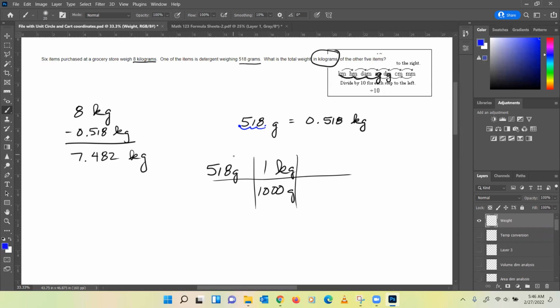And now the grams will cancel, and I'm left with kilograms. And 518 divided by 1,000 is 0.518. I actually prefer that to this method up here where we just move the decimal, because I am most comfortable with this dimensional analysis. I highly recommend you get comfortable with it too, as it will really make sure you get the answers right.